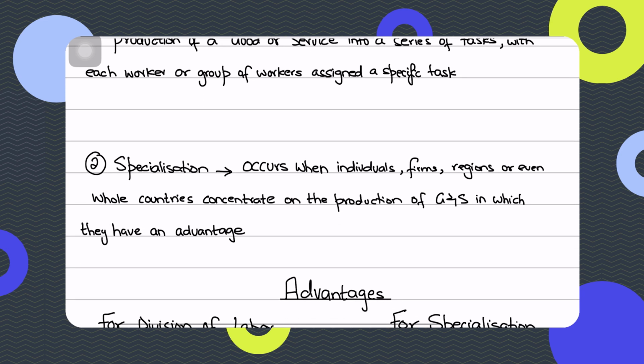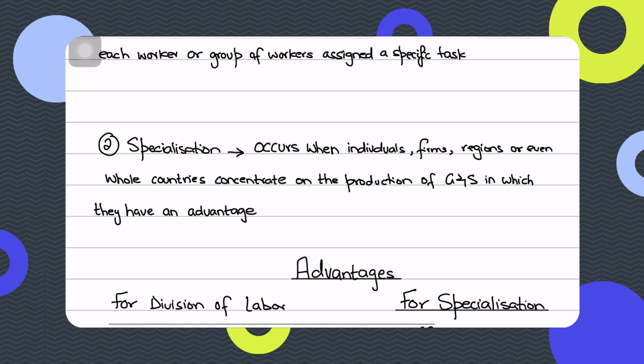On the other hand, when we talk about specialization, it is a slightly similar concept, but division of labor is more specific to a worker or a firm, while specialization is more specific to across industries, let's say regions or even nations. They specialize as well.